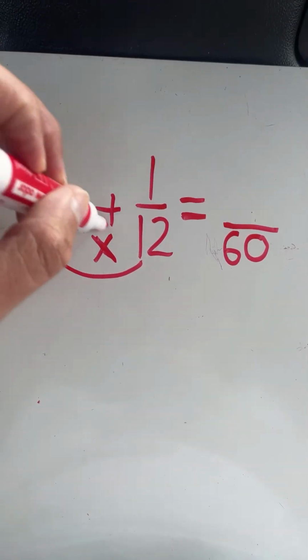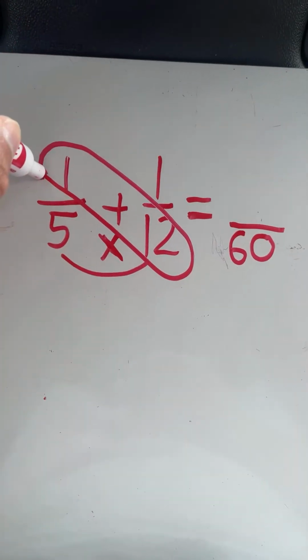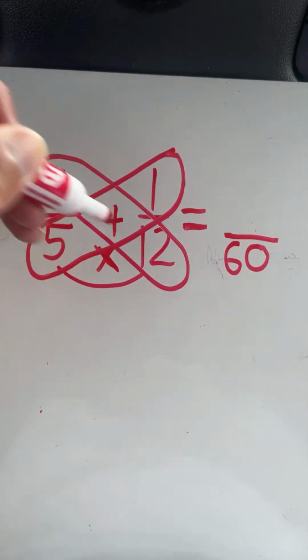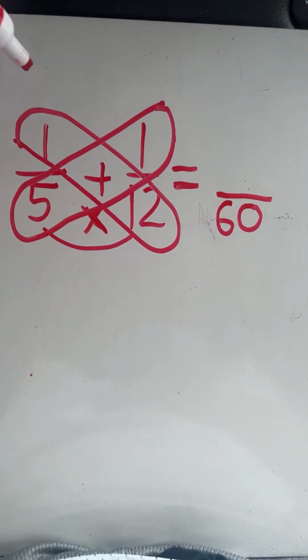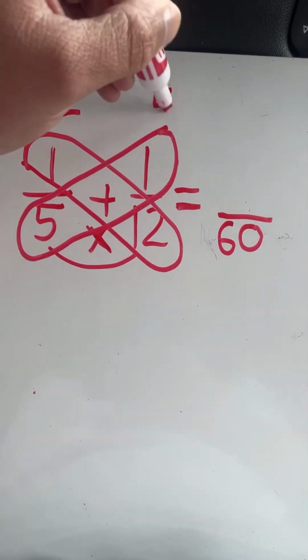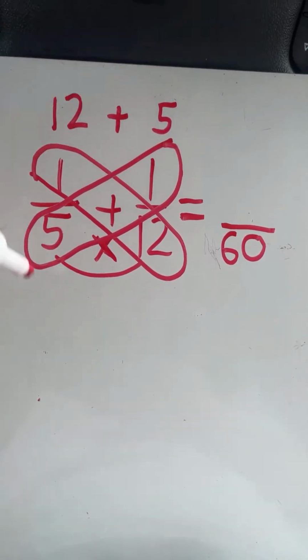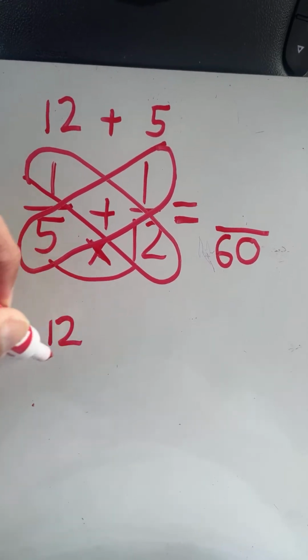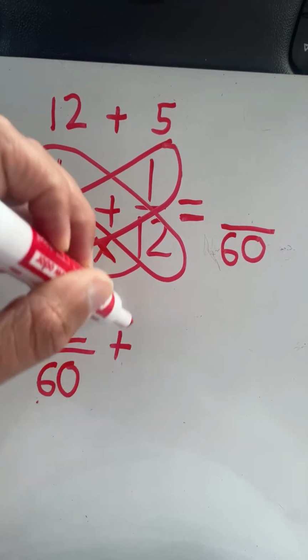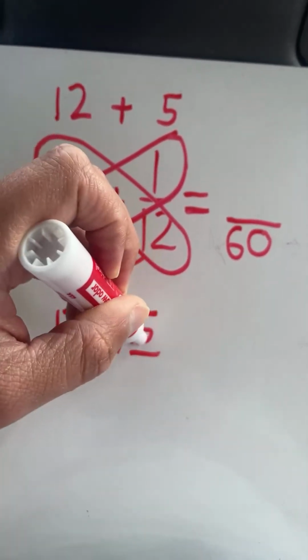Next, we have to multiply each numerator times the opposite denominator. 1 times 12 equals 12. 5 times 1 equals 5. So now we have our two new numerators. So if we want to fully write out the problem here, we have 12/60 plus 5/60.